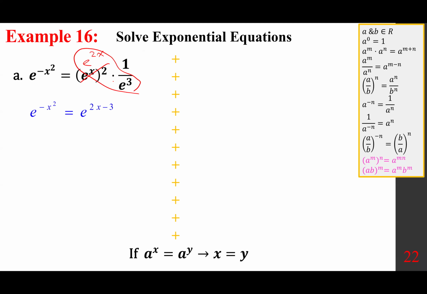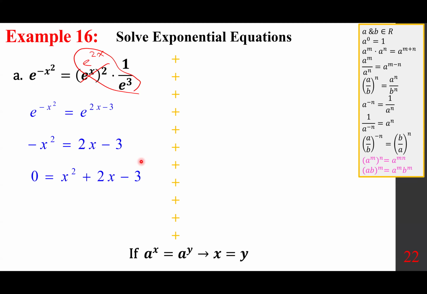They have the same base. If they have the same base and the same value, they must have the same exponent. So minus x squared must be 2x minus 3. And we're going to solve this by moving things around. We are moving negative x squared to the right, so we can factor x squared plus 2x minus 3.